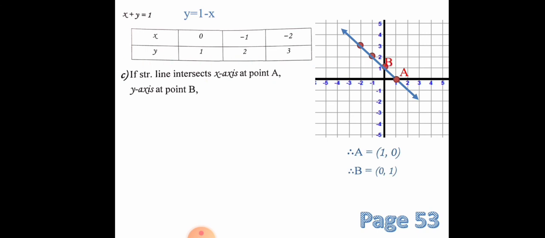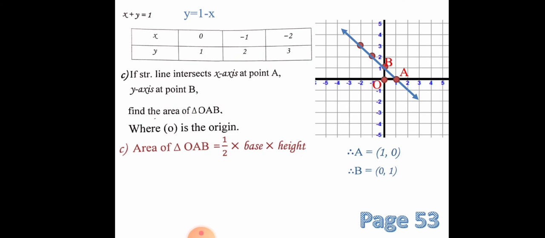So we have this point A and this point B, and he wants to know the area of the triangle OAB. We have only 2 points. By O here, he means the origin. As you can see, A, O, and B together form the right angle triangle AOB, which is right-angled at O. To find the area of this triangle, remember the rule: the area of any triangle equals half times base times height.